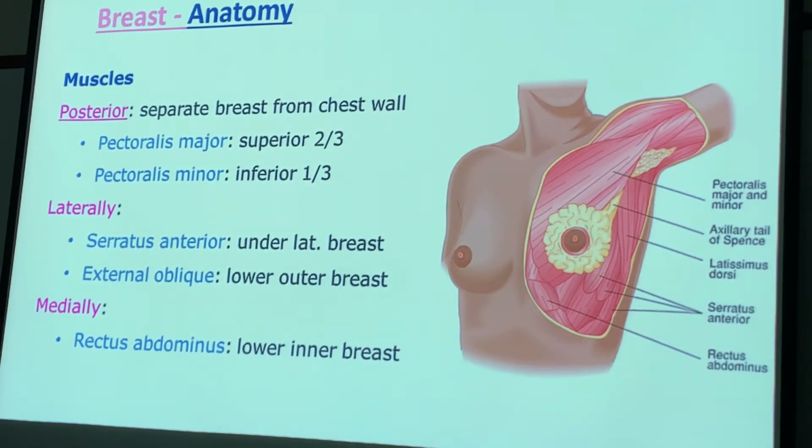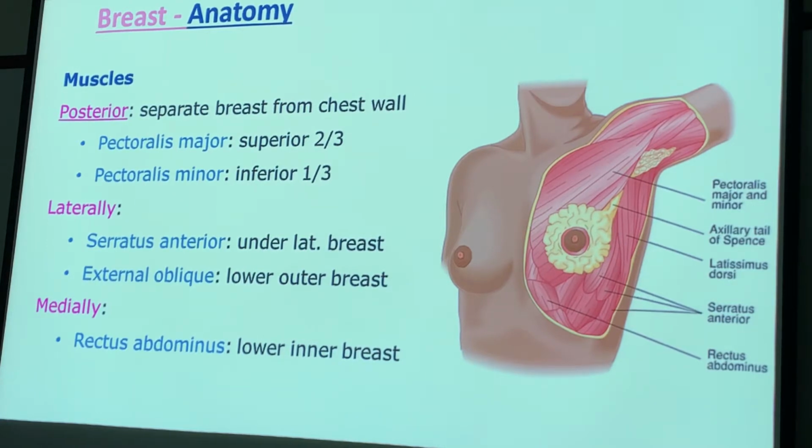Immediately posterior to the pectoralis minor and major muscles, you have the ribs. Laterally, you have the serratus anterior under the lateral breast, right there. And you have the external oblique, the lower outer breast, which is probably this muscle right here, up in this area.